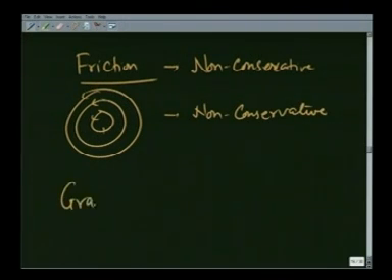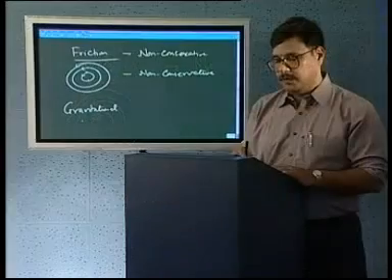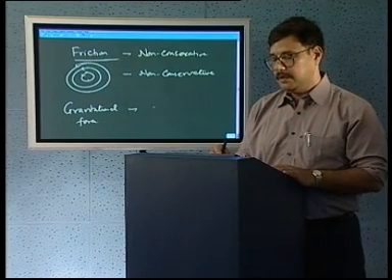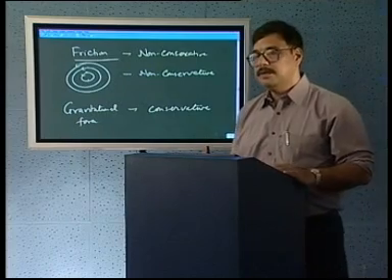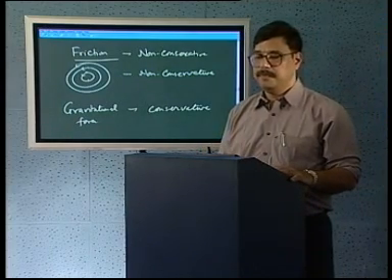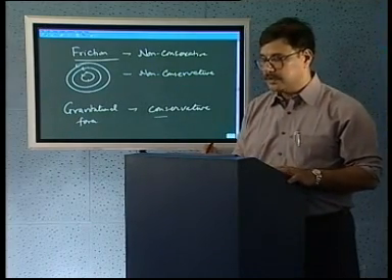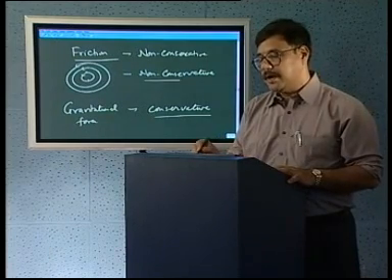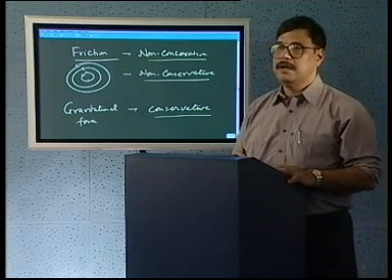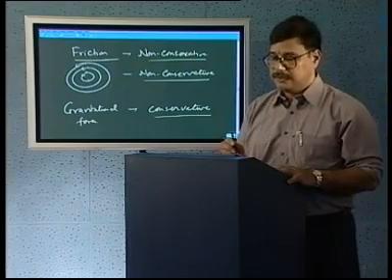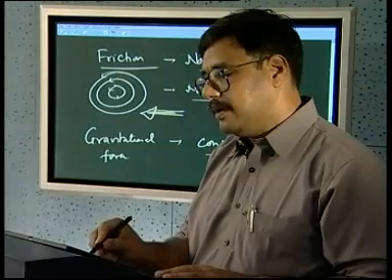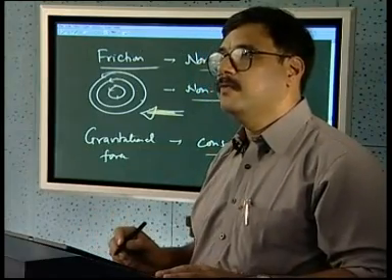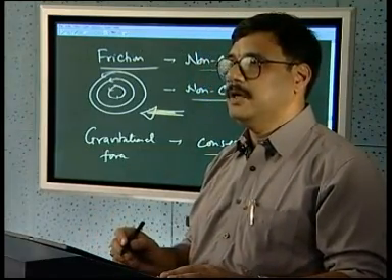Gravitational force is conservative. These are important concepts. There are certain things I can do for conservative forces which I can't do for non-conservative forces, and that is precisely why I define these two classes. You will see later in your course in electromagnetism that this kind of E field or force field arises when magnetic field changes with respect to time.